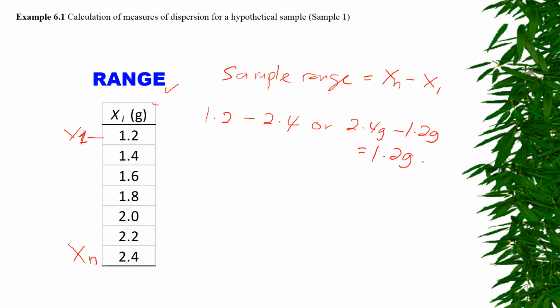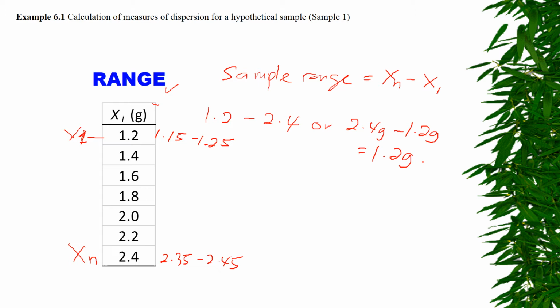We might bear in mind that x1 is really within the limits of 1.15 to 1.25, and xn is really 2.35 to 2.45. So 1.2 is the midpoint of 1.15 to 1.25, and 2.4 is the midpoint of 2.35 to 2.45.